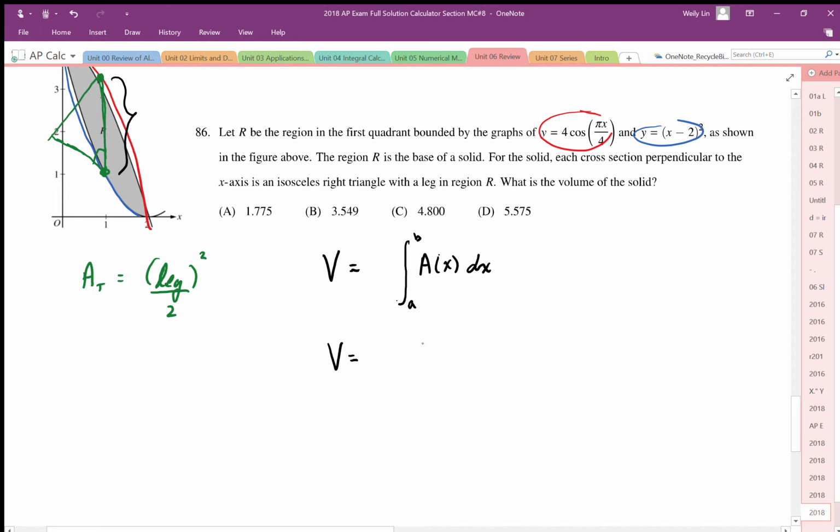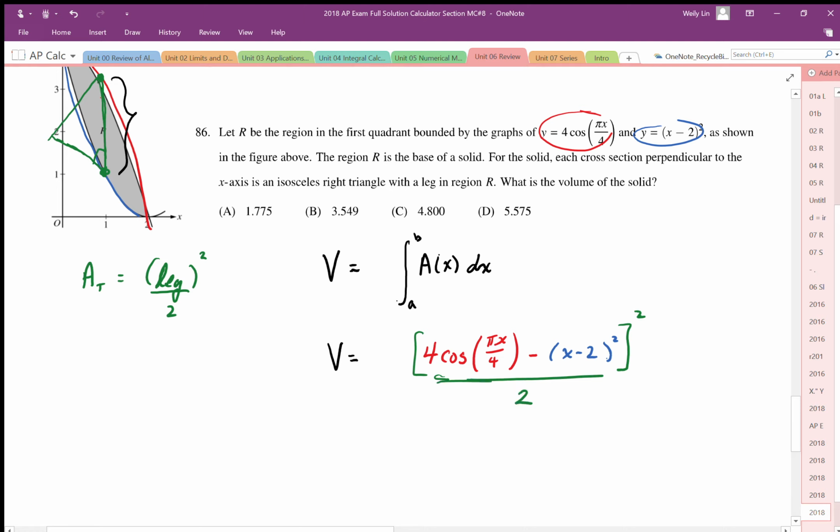So it's going to be 4 cosine of pi x over 4 minus the lower value, which is the parabola, (x minus 2) squared. So that's going to be the leg. I'm going to take that leg and square it to get the square area and divide it by 2 to get the triangle.